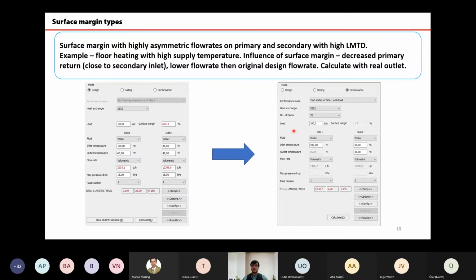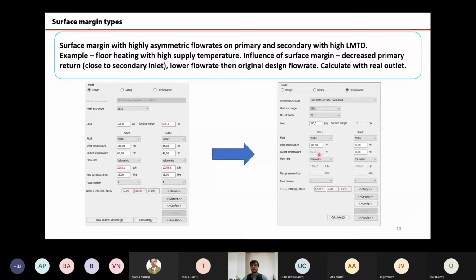And I see that if I simulate the performance of the real system, instead of 700% surface margin, I will end up with 1.7% surface margin, but my extra surface, which I have in my heat exchanger, will be impacting my primary outlet. And instead of 60 degrees, which was my design condition, I'll end up with a real outlet of 35 degrees.